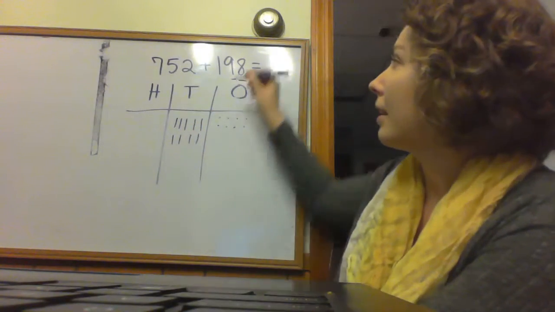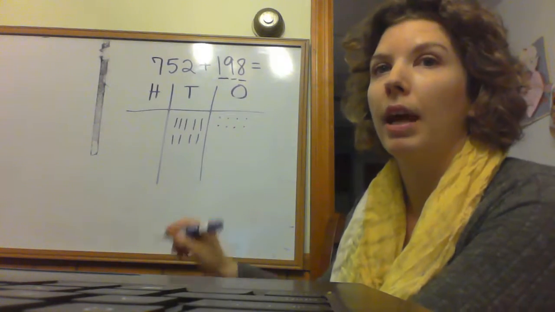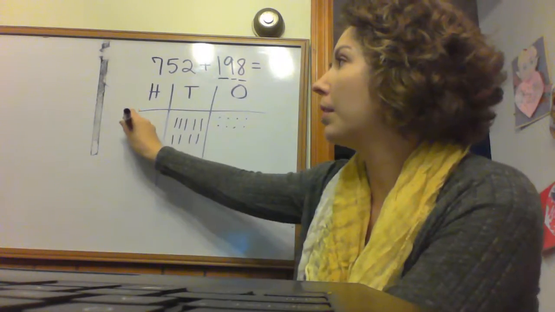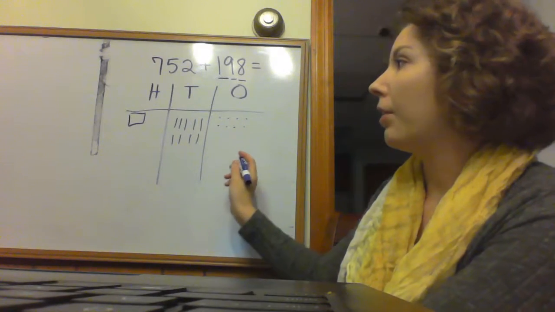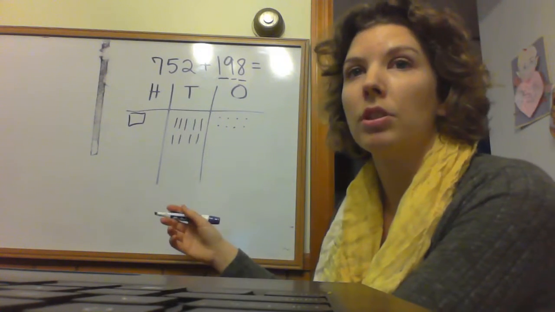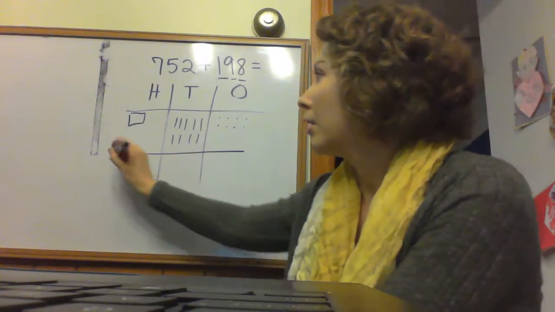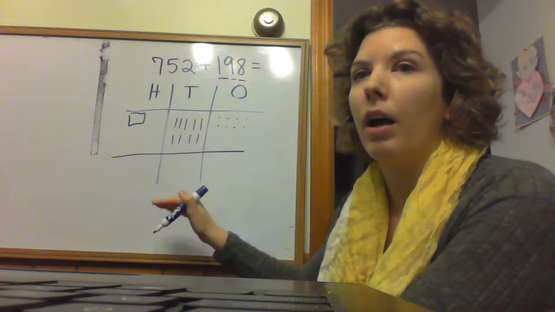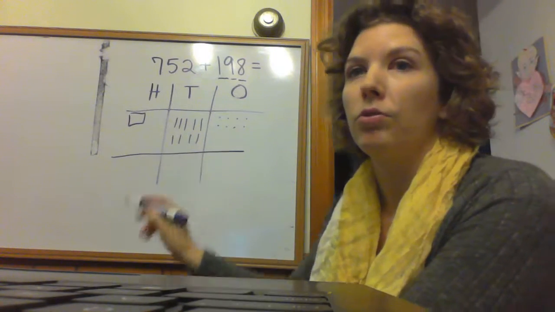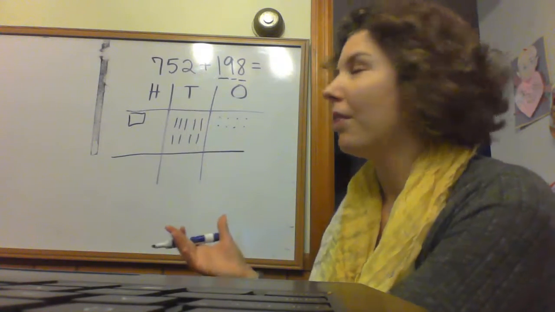Okay, then I'm going to move over to the 1. That 1 has a value of 100, so I'm going to draw a 100 pad. Now, a lot of the teachers like for students to draw a line here so that we can keep everything clean and organized and we don't have a lot of confusion, because it gets confusing enough on its own.